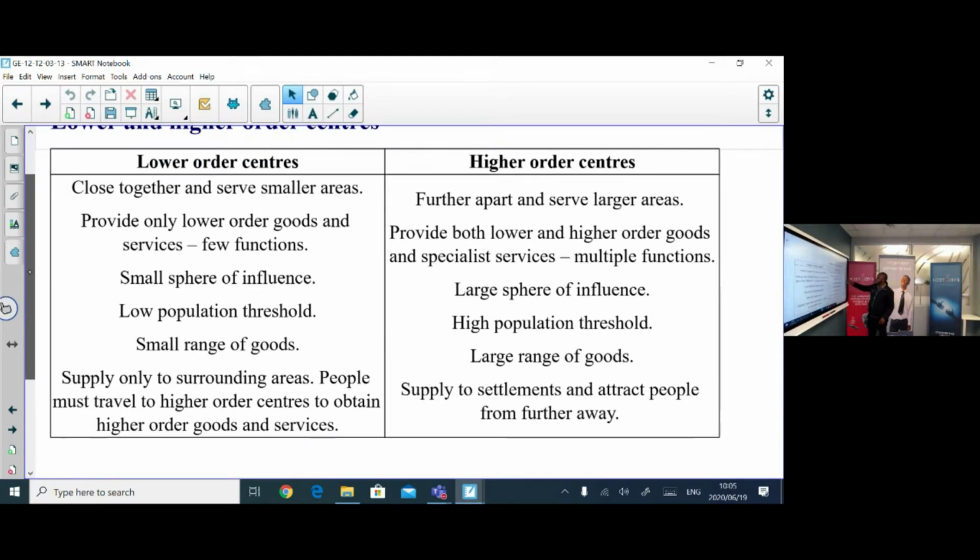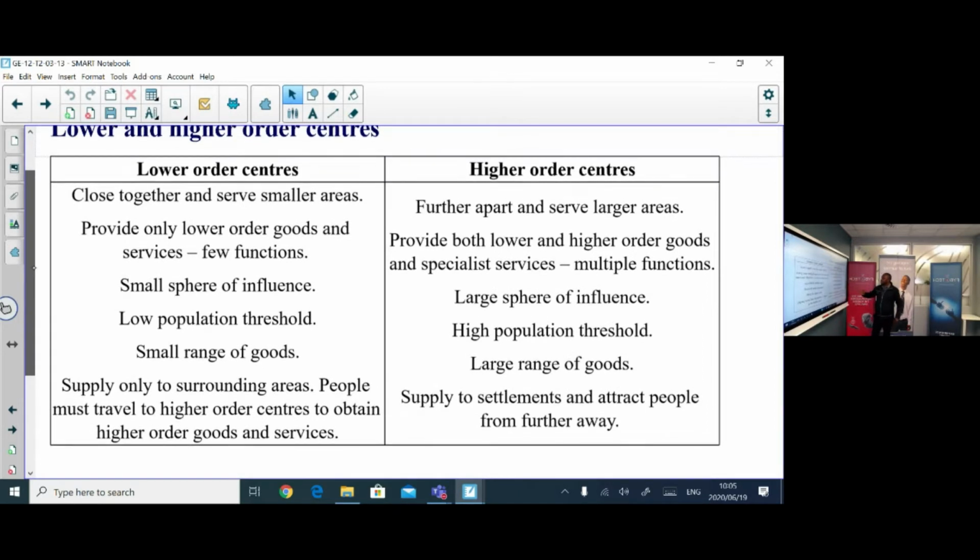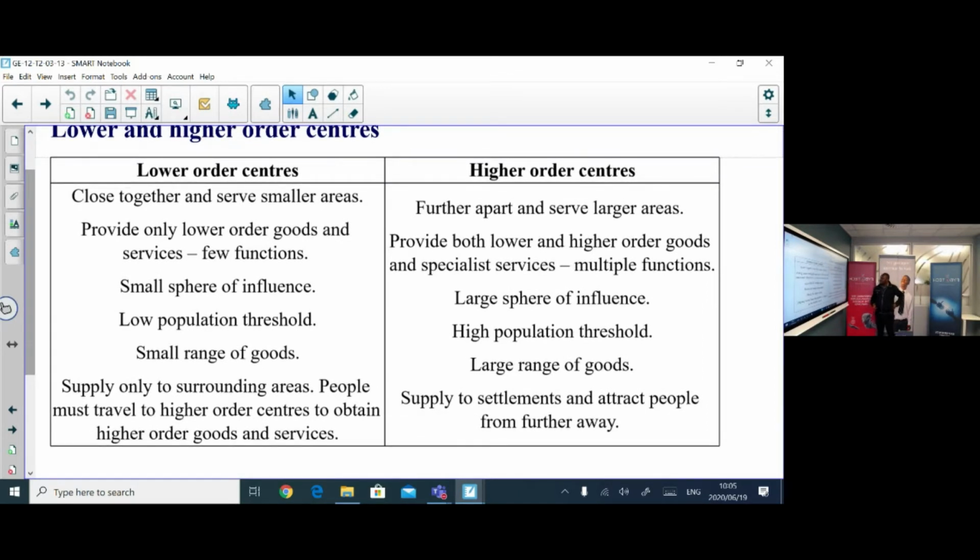Then let's look at these comparisons. We did these comparisons where we looked at lower order and high order centers. The lower order centers are close together and serve smaller areas. The high order are further apart. Lower order provide only lower order goods and services. They are many, and the high order provide both lower and higher order goods and specialist services, and they've got multiple functions.